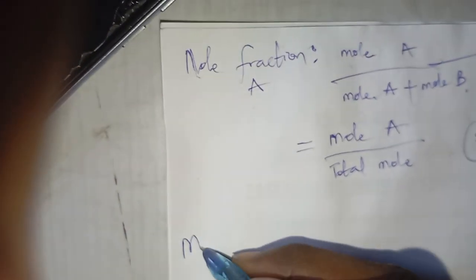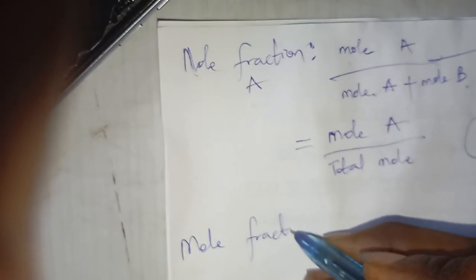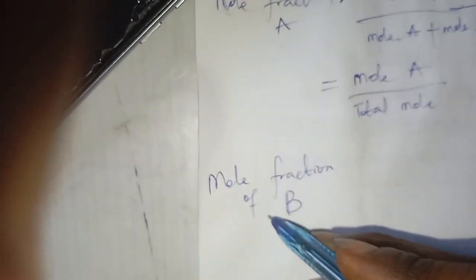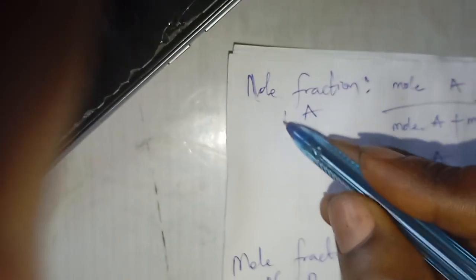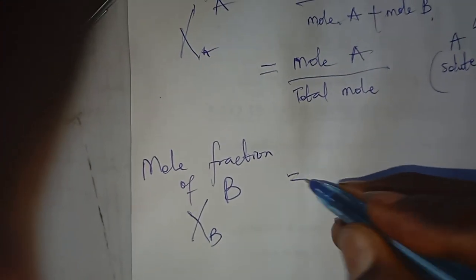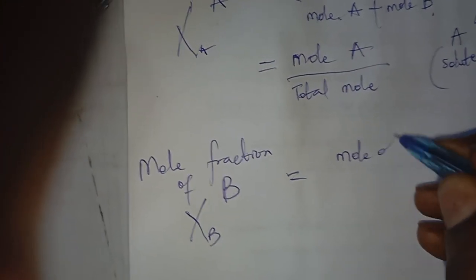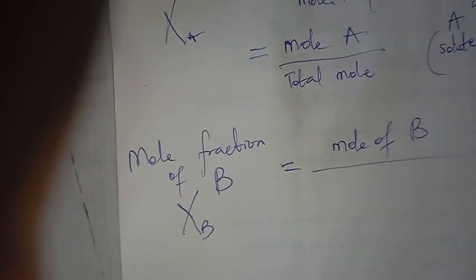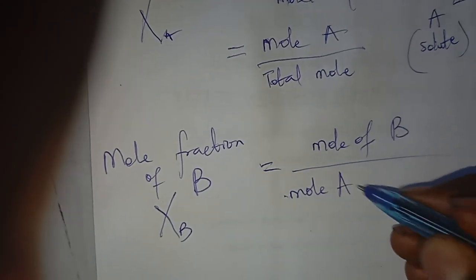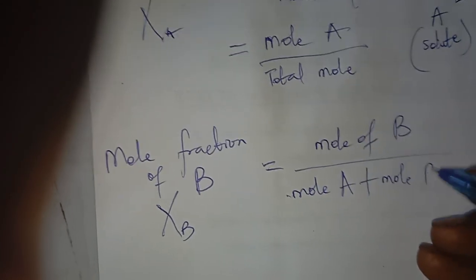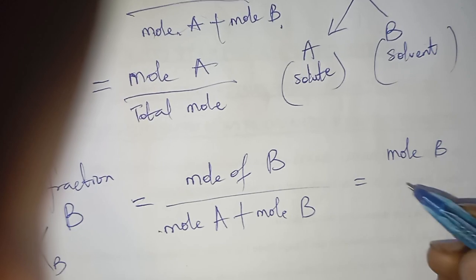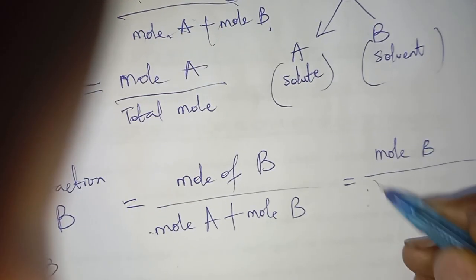That means to get mole fraction of B, which we represent with XB, this will be the same thing as saying XA. That is how we represent it here. So this will simply be mole of B all over mole A plus mole B, which is the same thing as saying mole of constituent, which is B, all over N total.